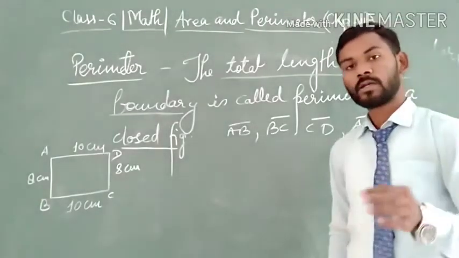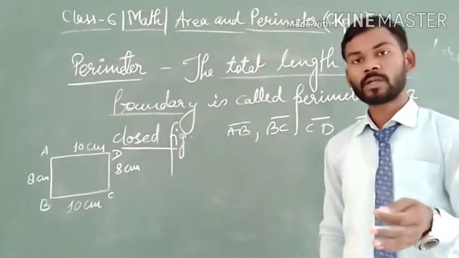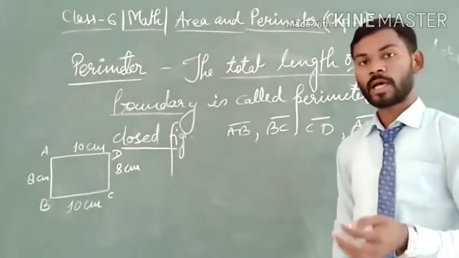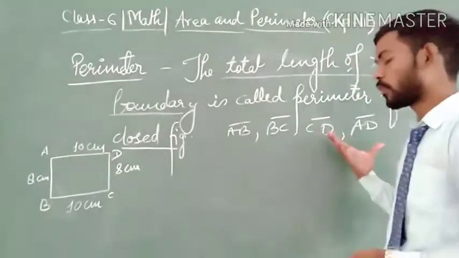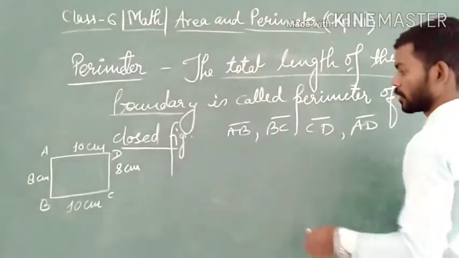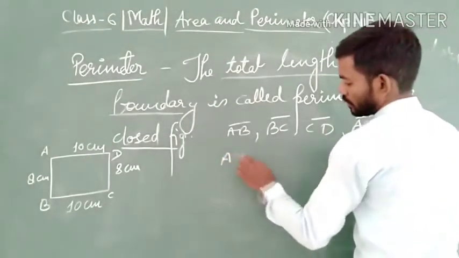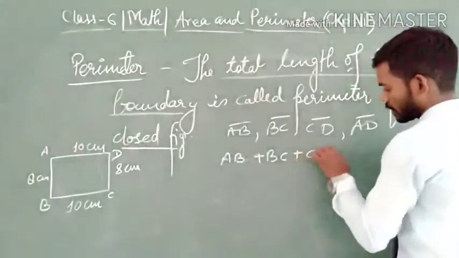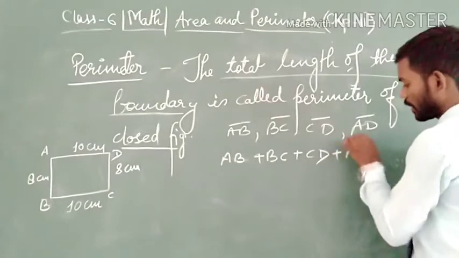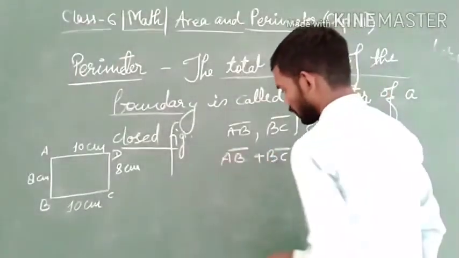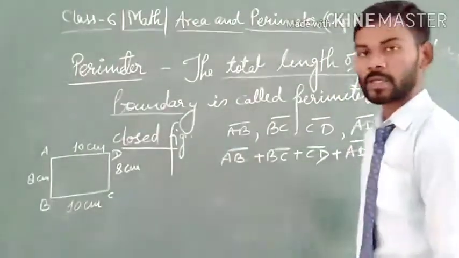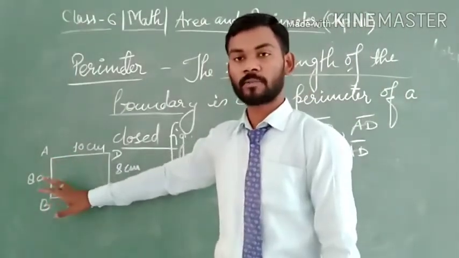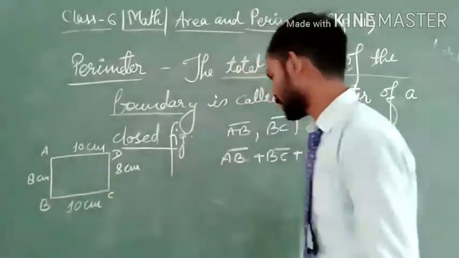That is why, in order to find out the total length of the boundary of a rectangle, we have to add these four sides. Therefore, we can write AB plus BC plus CD plus AD. Now, from the figure, the length of the line segment AB is 8 centimeter.